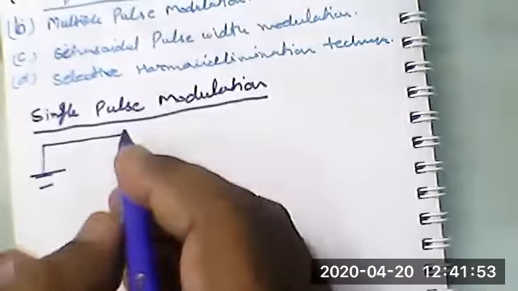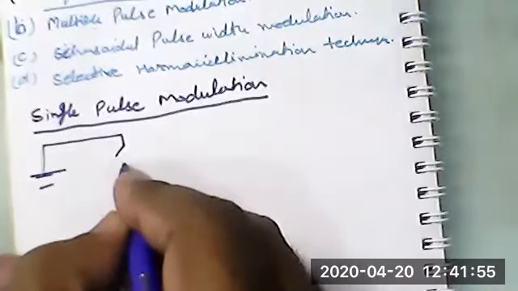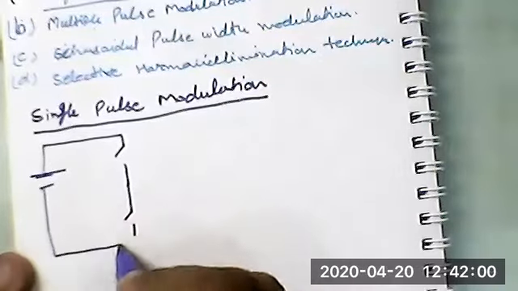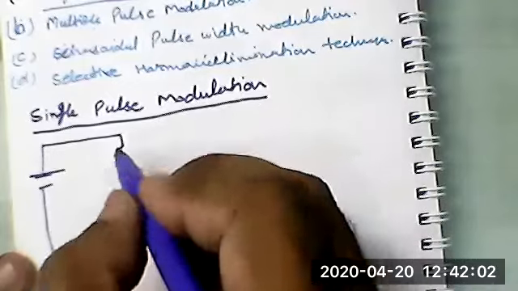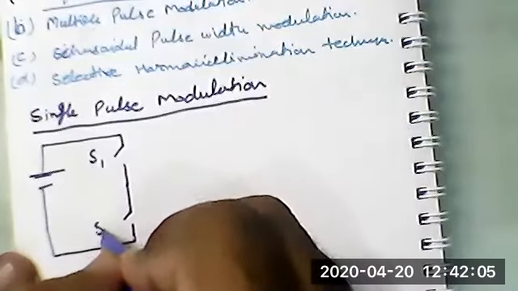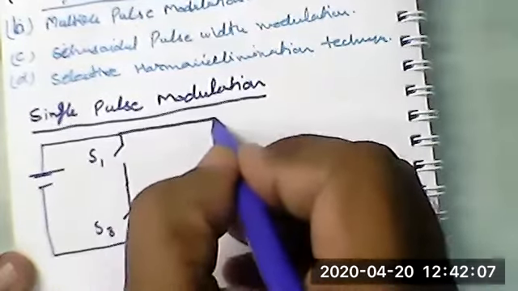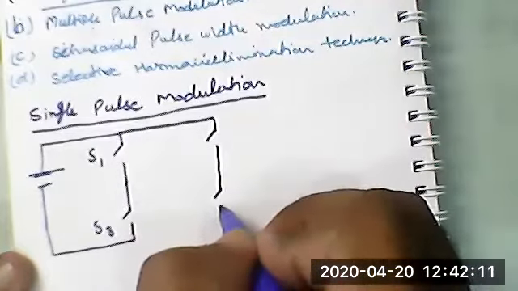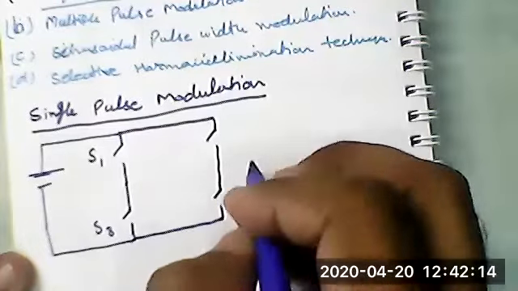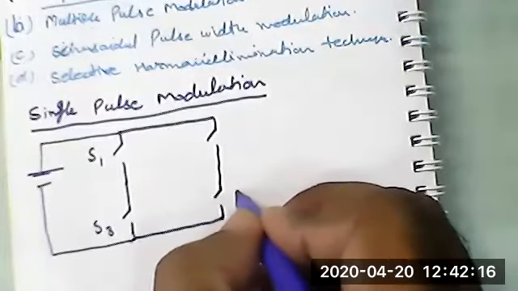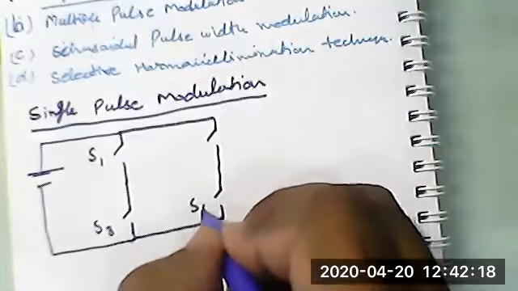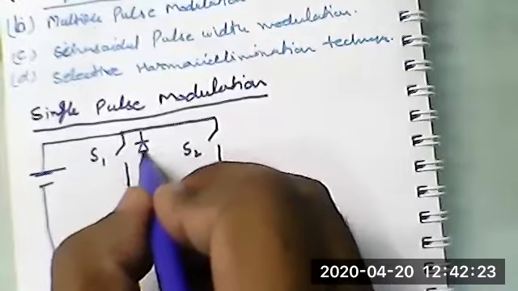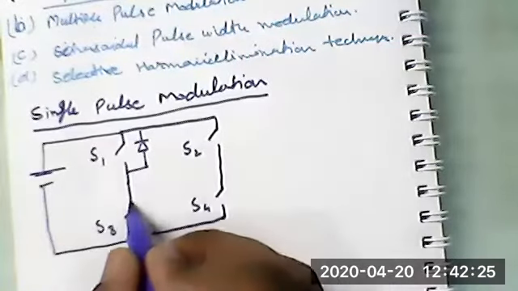We have 4 switches, S1, S3, S4, S2, all having anti-parallel diodes.